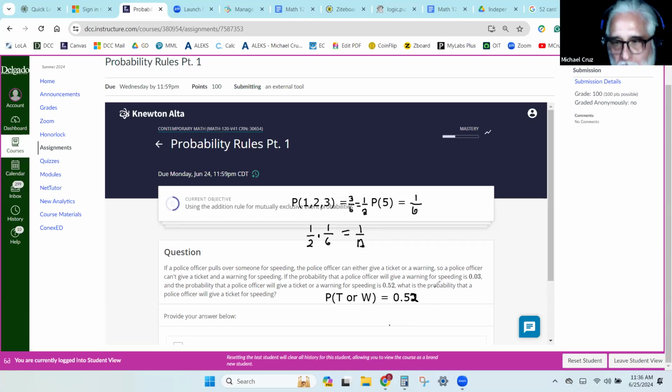Now, the probability of warning. All right, so what we did last week when we were reviewing is use that formula, and then they're going to ask for the missing piece.